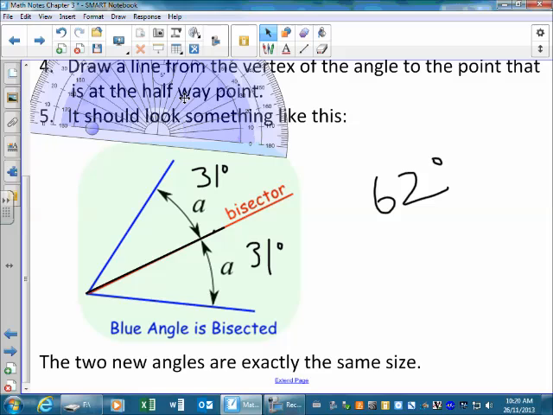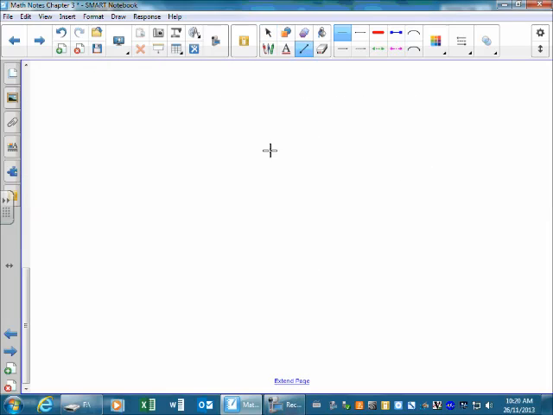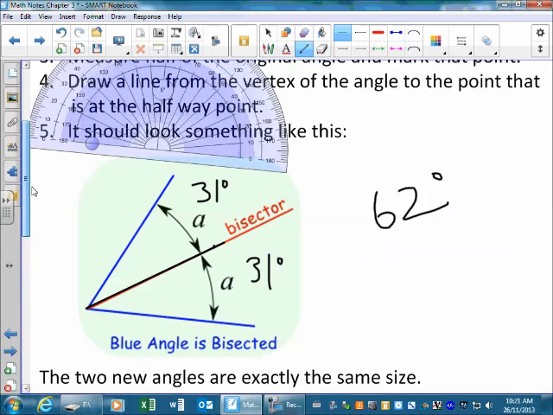Maybe we should try another one. Let's try another one. Okay, let me make one first. Right there. So we've got this angle. Let me grab my protractor.